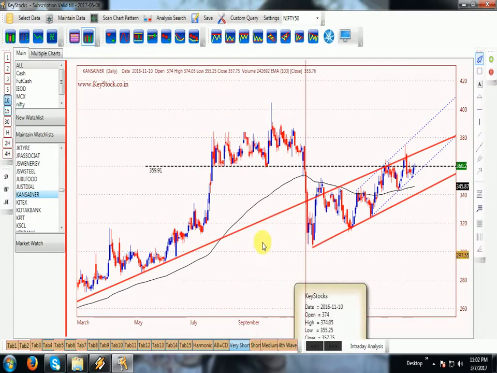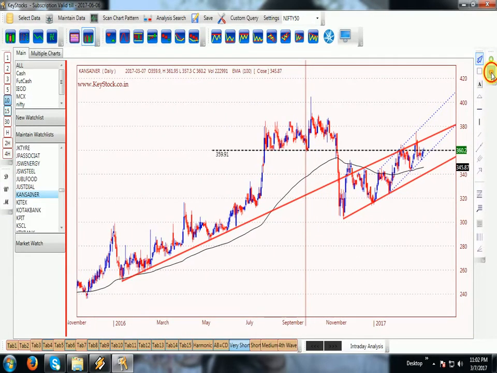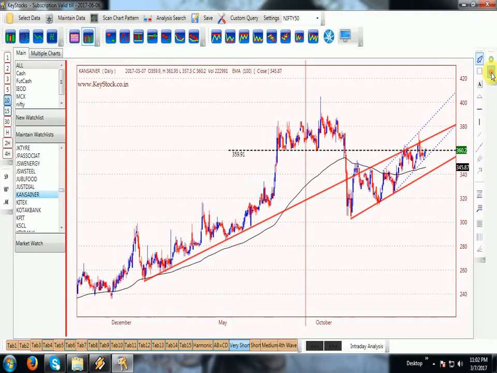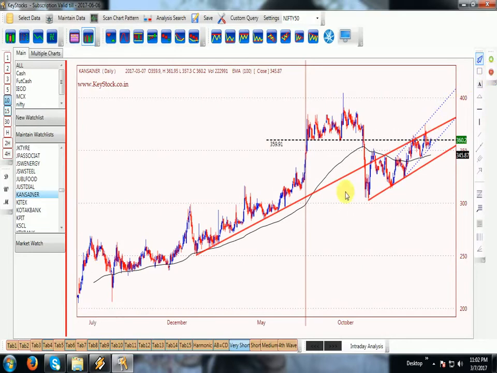So guys, see here, see the history, the picture is very clear. Those who have some trading experience can understand the previous chart of Kansai Nerolac.